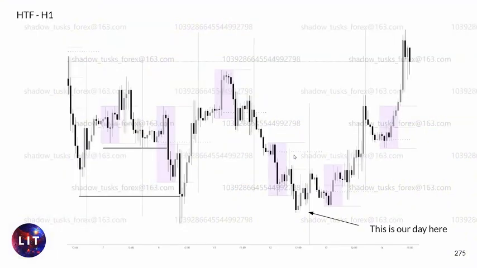Okay, but before we jump into the entries, we need to look at something, and we need to look at the higher time frame. First we need to look at how they build the liquidity. We've got our equal lows here and a daily low here.